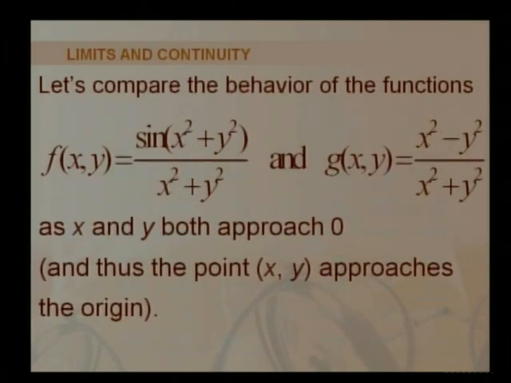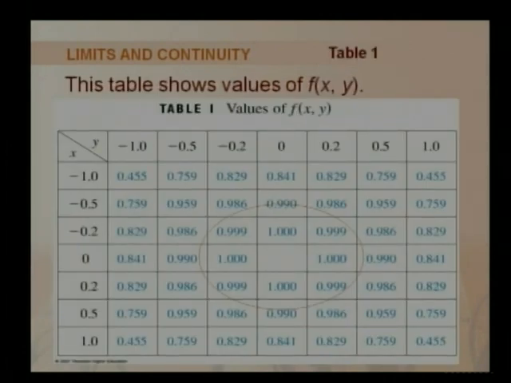In the next figure, let us think as we take the value of x towards 0, that is, here we are taking the values of x as minus 1, minus 0.5, minus 0.2 and 0. Similarly from this side 1, 0.5, 0.2 and 0.